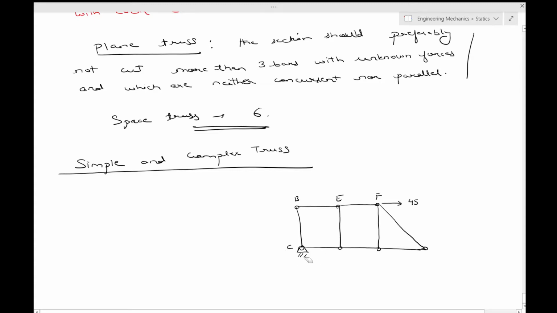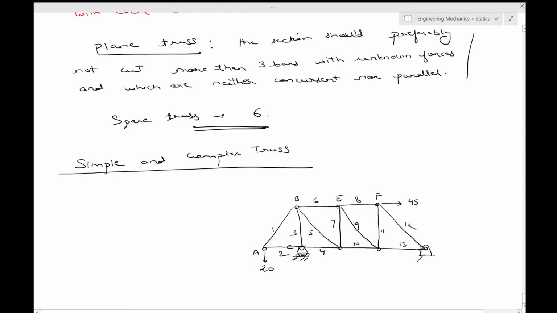Oh, sorry, this is not fixed. There's a roller over here. Then you have A, and the panels numbered 1 to 13.